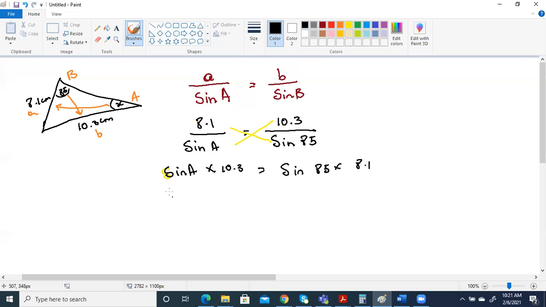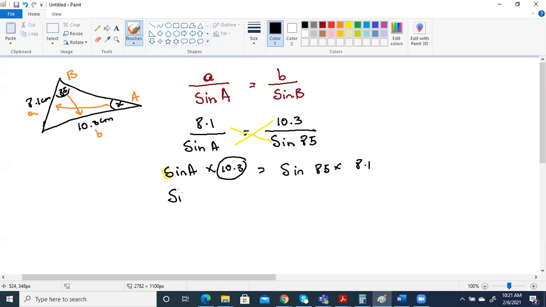You can either work out this portion first and then carry over this 10.3, but I'm going to just carry it over straight off the bat, and then we work out each part. I'm going to carry over this 10.3 across the equal sign so I can have sine A by itself, because I'm trying to find A. Because this 10.3 is being multiplied on this side of the equal sign, when I take it over, what's going to happen to it? It becomes divide. Thank you very much.